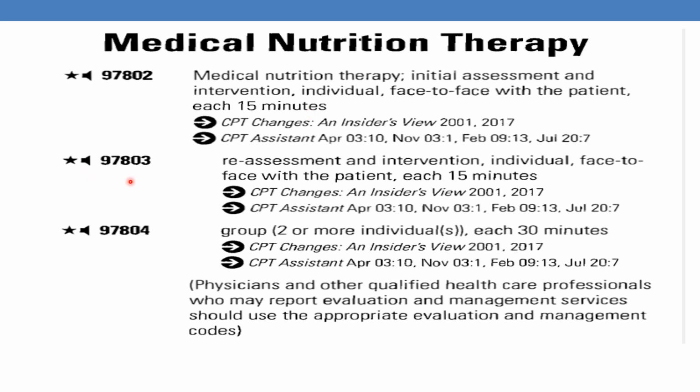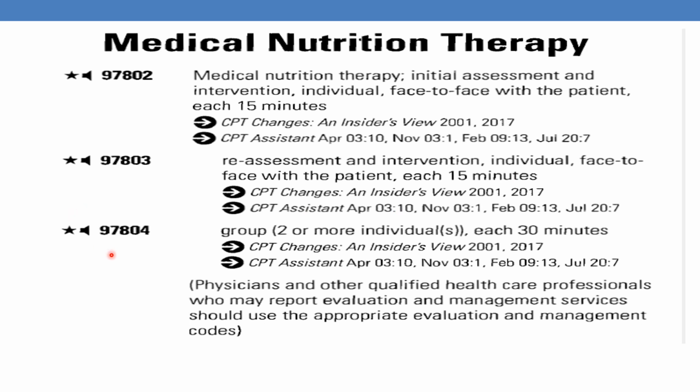Next coming to 97803, it indicates medical nutritional therapy. 97802 is given for initial assessment whereas 97803 is given for reassessment, that is for subsequent encounter. Medical nutrition therapy, reassessment and intervention, individual face-to-face with patient each 15 minutes.